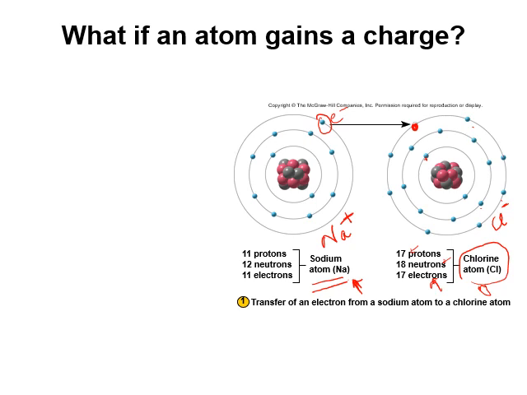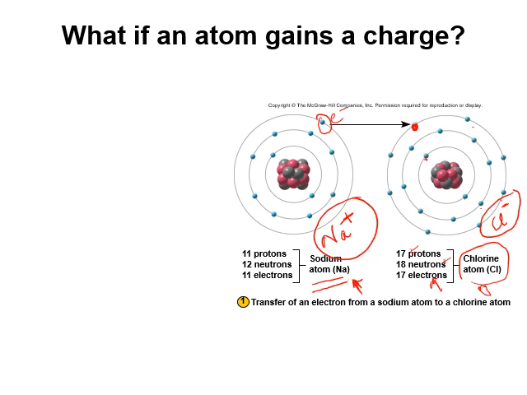So these are called ions. When sodium loses an electron and chloride gains an electron, we obtain ions. Sodium becomes a cation because the net charge is positive. Chloride becomes an anion because it gains a negative charge.